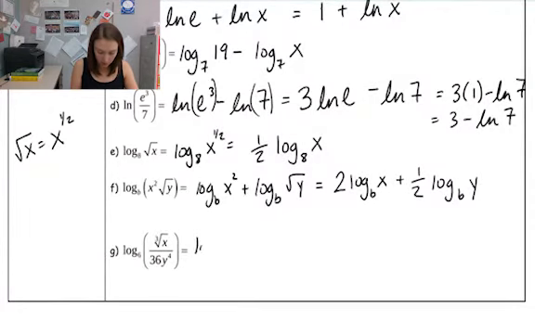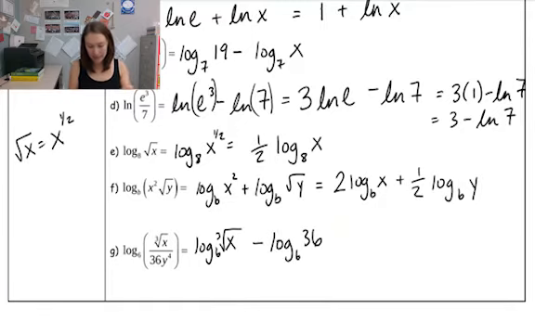We've got log base 6 of x, the cubed root of x, minus, and now this part gets a little tricky, log base 6 of 36, and then I need to separate that one from the y to the 4th. And a lot of my students look at this and they're like, well, they're being multiplied, so you add. But the thing is, they are being multiplied, but they're grouped together.